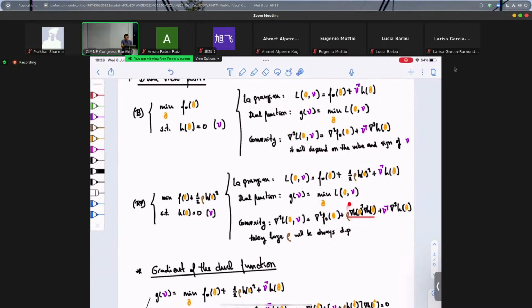But now you have an extra term. So it's like the Hessian that you had before, and you add some terms that depend on rho. Imagine that sometimes this is not positive definite, but depending on the rho you add, you can make it positive definite. And what does it mean? You convexify. What does it mean? That locally you convexify.